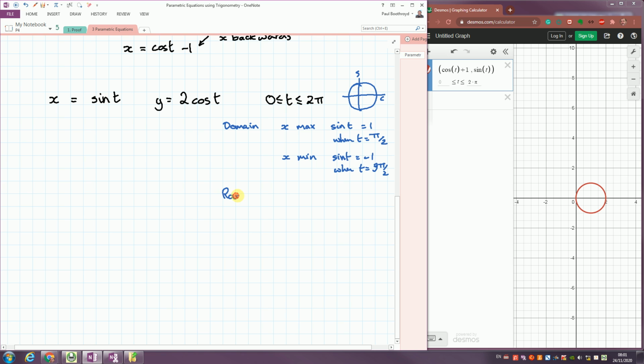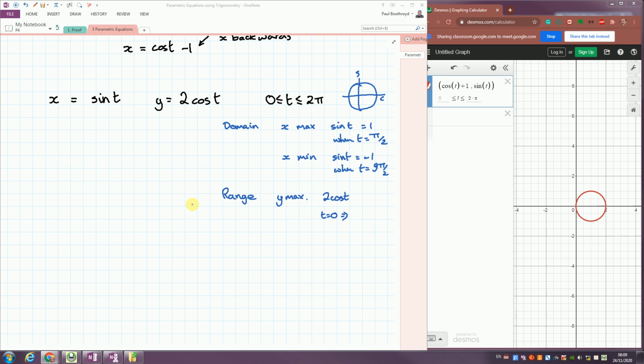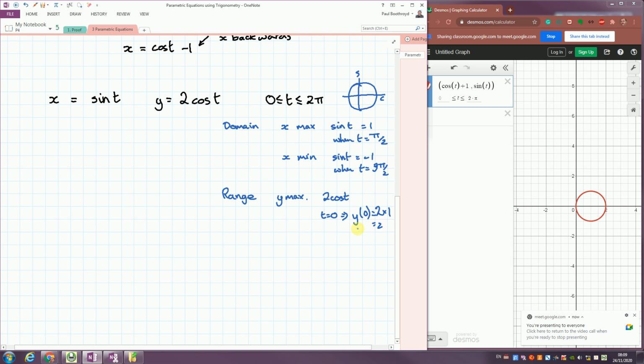To look at the range, we want y max, if possible. And the y max of 2 cos t is when t equals 0, when cosine is the max. So y at 0 is 2 times 1, which is 2.